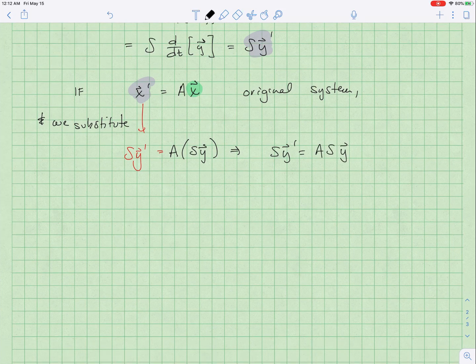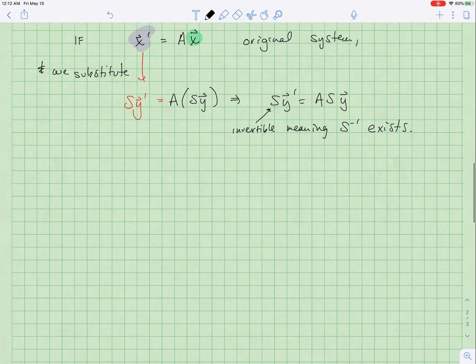Now, the other thing is we have assumed that when we chose our substitution, this is invertible, meaning S inverse exists. And so what we're going to do is multiply both sides by S inverse. I have S times y prime is equal to A S times y, and I'm going to multiply on the left both sides by S inverse.